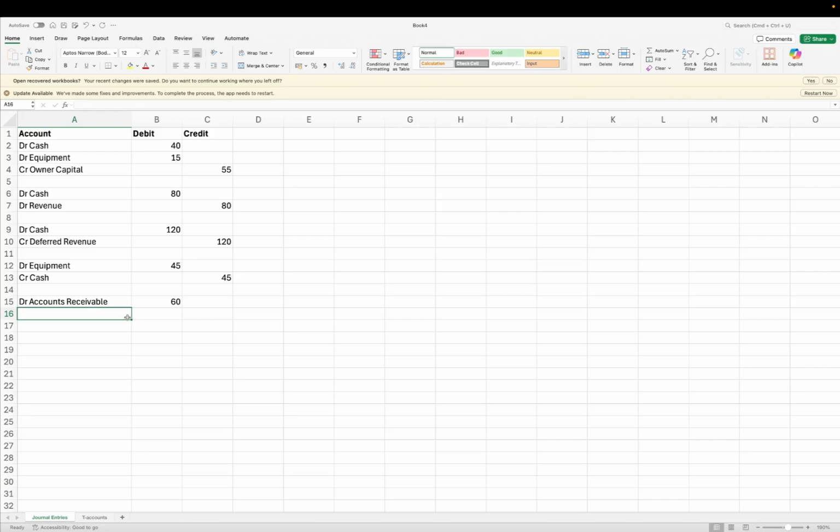Great. The service has already been performed, so the company earns revenue, revenue increases equity, and equity increases with credits. Where is credits? So credit revenue for 60 also. Great.